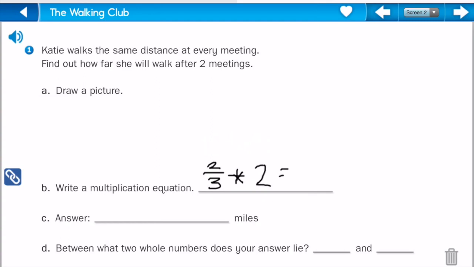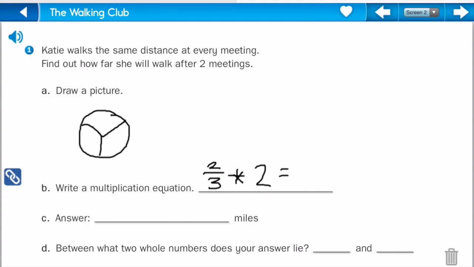And then that will equal our answer. So let's go ahead and draw a picture. So she's doing 2/3 of a mile. We'll draw a picture, 2/3 of a mile.